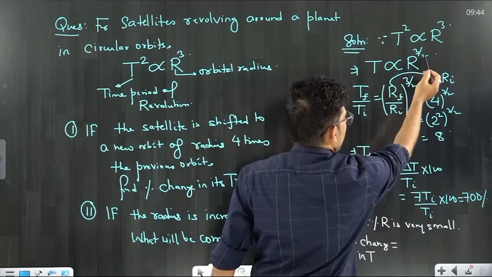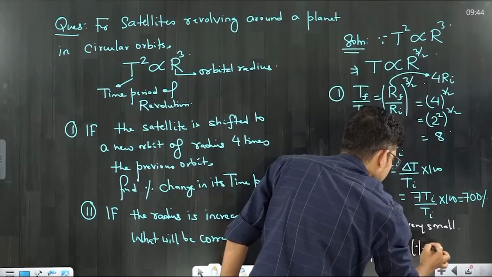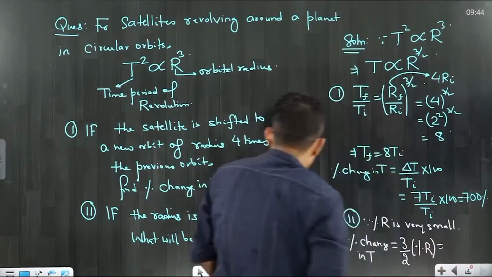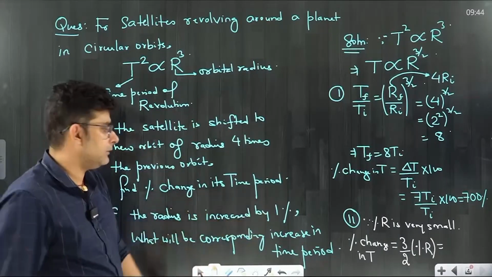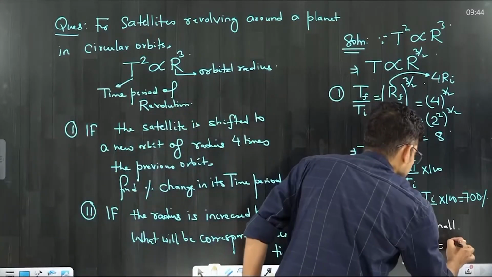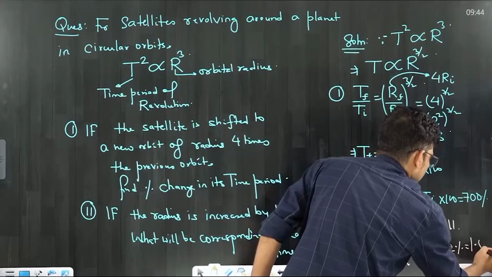T was proportional to R to the power 3 by 2. So 3 by 2 times percentage R. They have given R has increased by 1%, so this will be directly 3 by 2%, that means 1.5%.